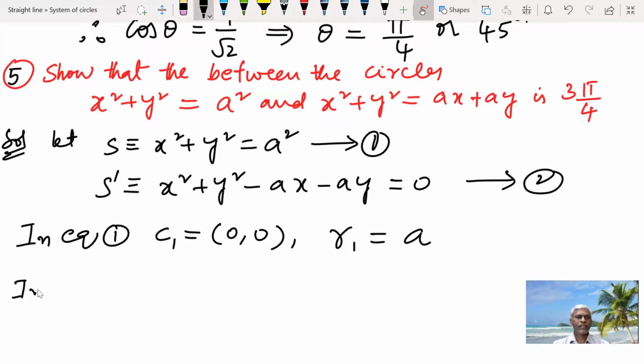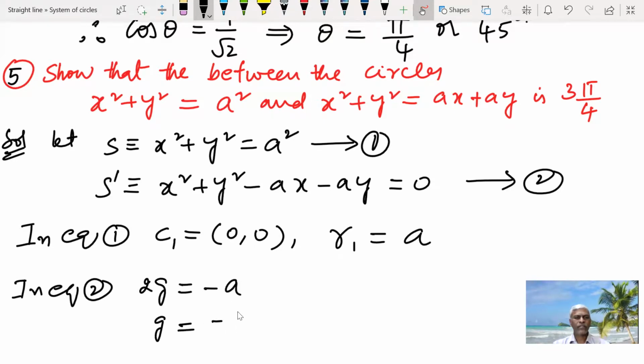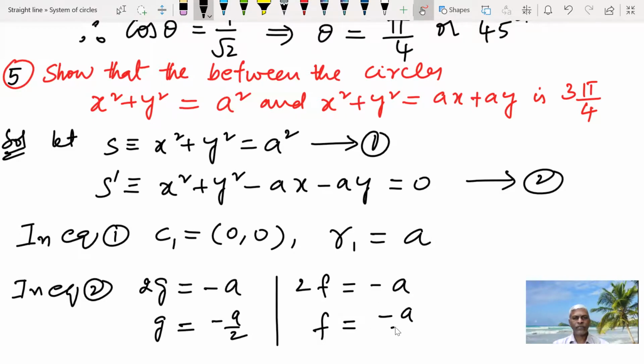So in second equation, 2g value is minus a. So g value is minus a by 2. 2f, the y coefficient, is minus a. So f value is also minus a by 2.